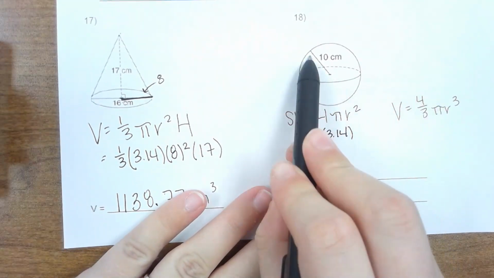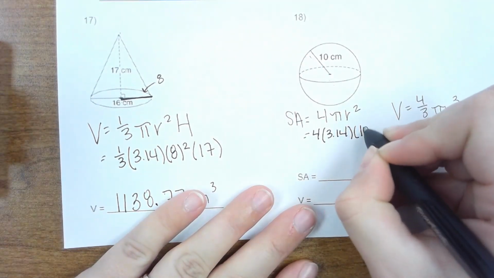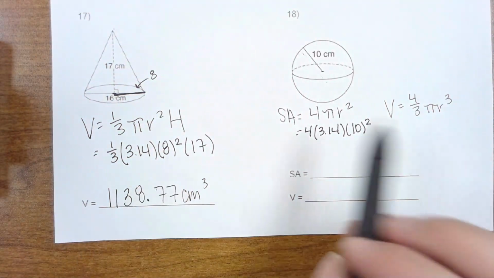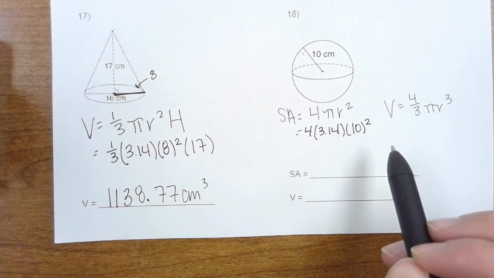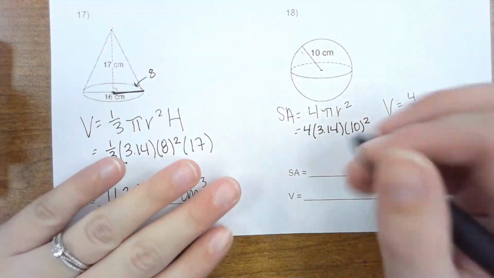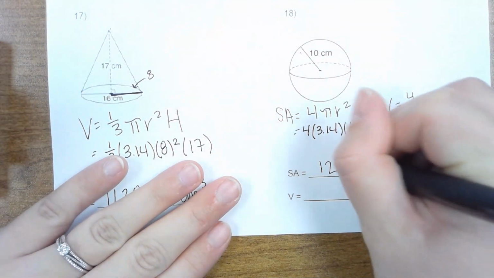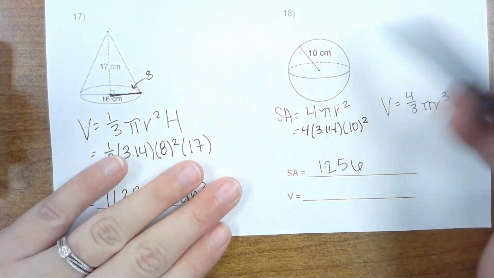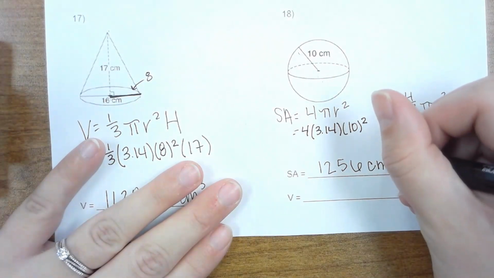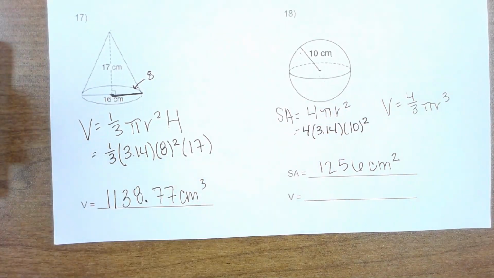And then they do give us the radius here, so our radius is 10, and we're going to square that. So if you multiply here 4 times 3.14 times 10 squared, that is going to give us a surface area of 1,256. And we are talking about centimeters. And since we are doing surface area, remember surface area is centimeters squared.